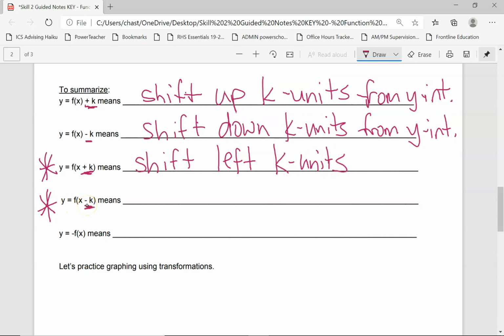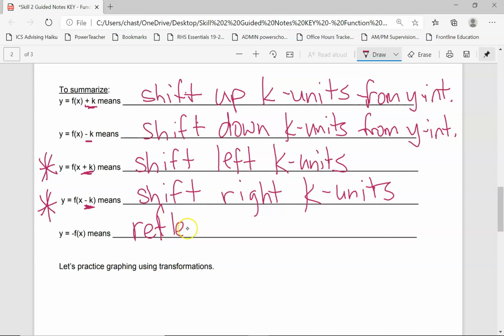When we have the minus k, another weird one, that minus k being inside the function, that shifts right k units. And then remember, a negative in the front tells us that we're going to reflect or flip over the x-axis.